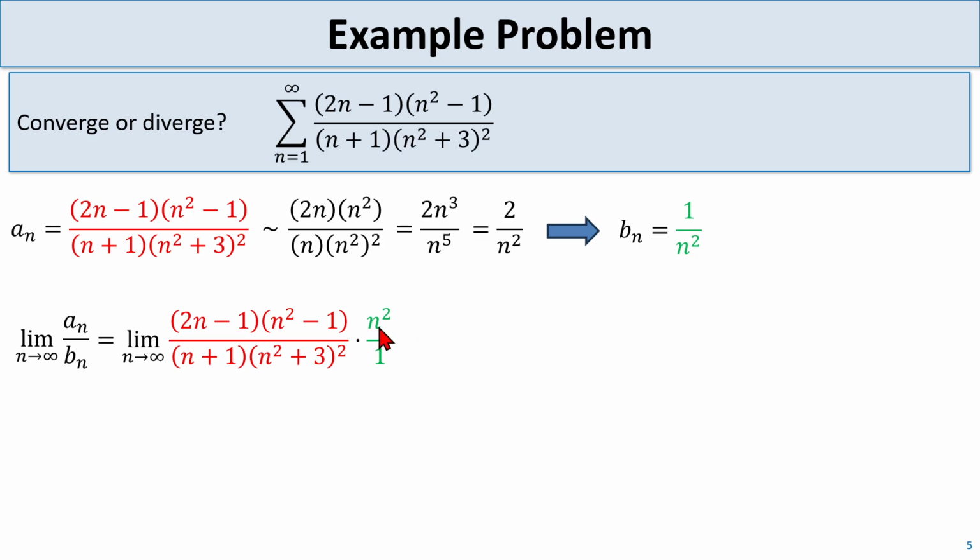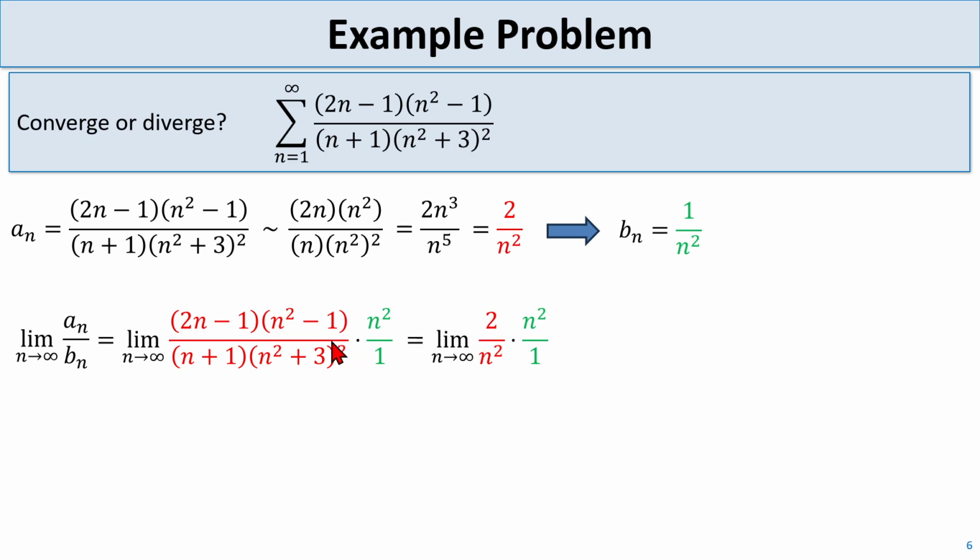So I've multiplied by n squared over 1, which is the same as dividing by 1 over n squared. We're interested in the behavior as n goes to infinity, but as we already discussed, an behaves like 2 over n squared when n is very large. So I'm going to replace this part of the limit with 2 over n squared.